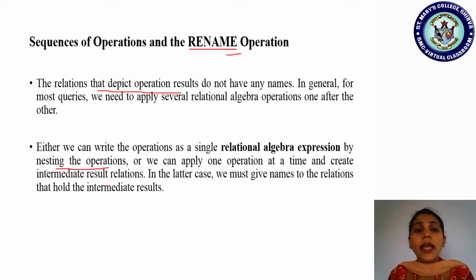Or else we can apply first the select operation, then the project operation, one after the other. So nesting of operations can be done, as well as applying them one by one and creating intermediate result relations. In the latter case, we must give names to the relations that hold the intermediate results.